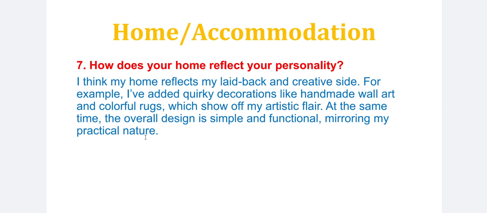They are the latest innovations that help me get stuff done quickly and easily. Let's just say a modular kitchen or whatever you have installed in your home that you think is tech savvy, you can say it reflects my tech savvy nature. Whatever you have installed in your home, you can talk about that.